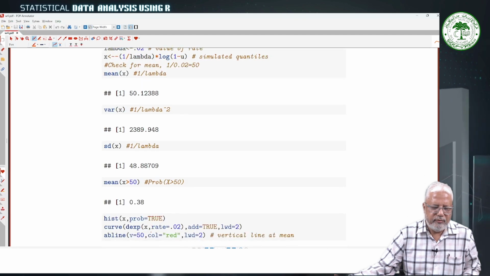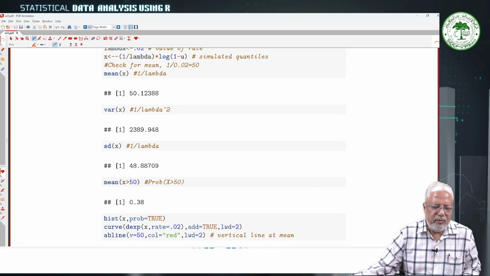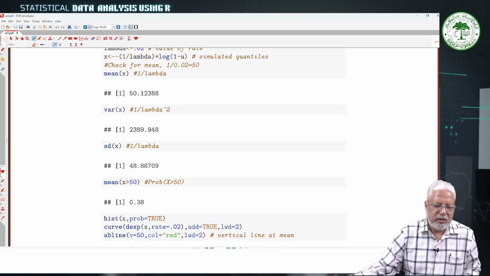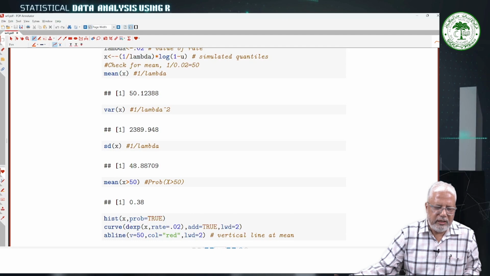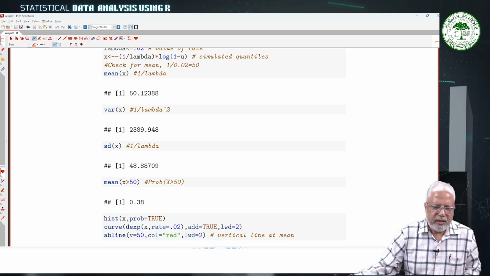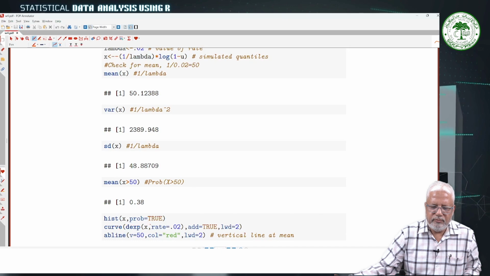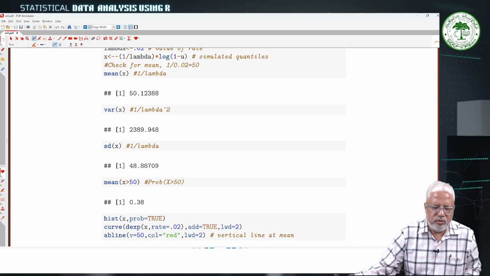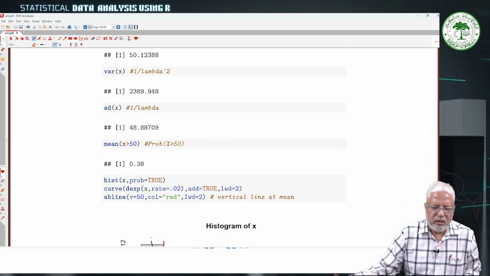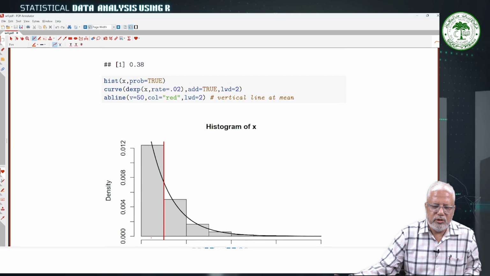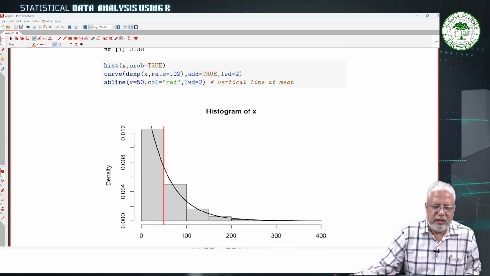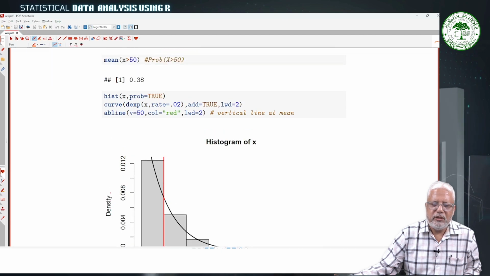Here we can make a histogram based on simulated data. Then we can exactly plot a curve on this histogram, with lwd, then abline v equal to 50. This will be the output. Here the vertical line is at mean 50.